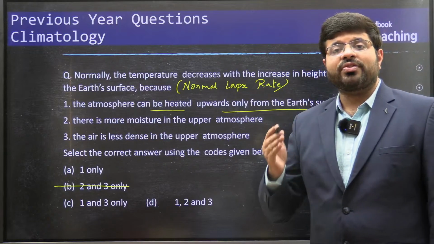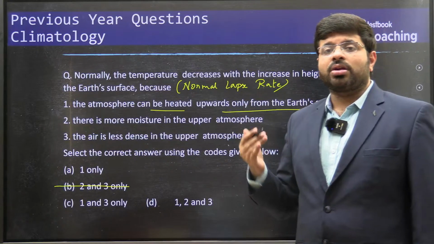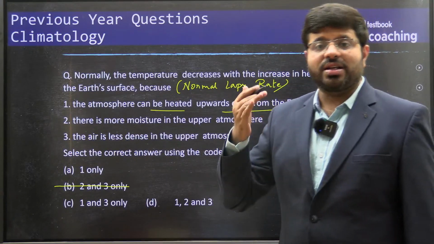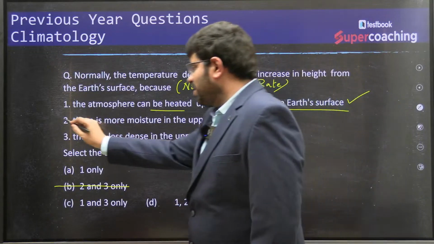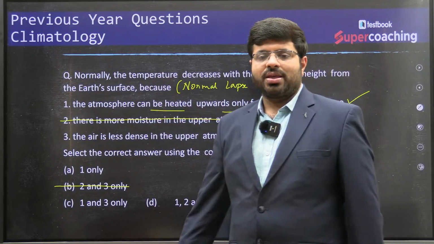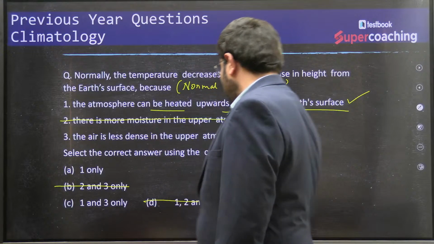Usually the majority of weather phenomena occur nearer to the surface, and even the water vapor concentration is nearer to the surface. So this statement is wrong by nature itself. Forget about the concept, the statement itself is wrong. So this is also gone.